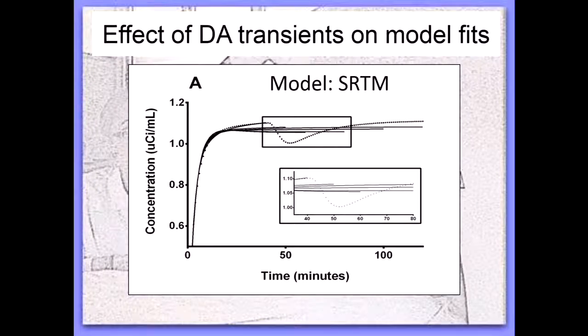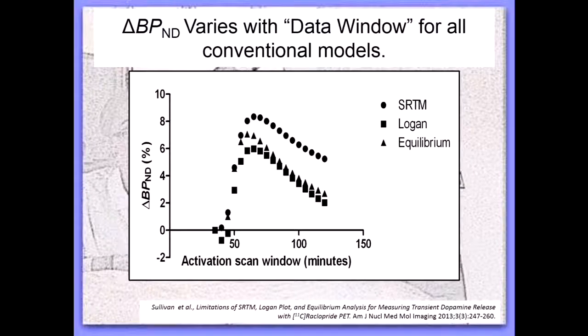And if I take away the noise, it looks like this. And now you're already sensing what I'm getting at here, which is that if you have a dip caused by a stimulus and you apply a model that can't dip, it's like can't do the tango, can't dip, then you're going to be highly dependent on what we called the data window.